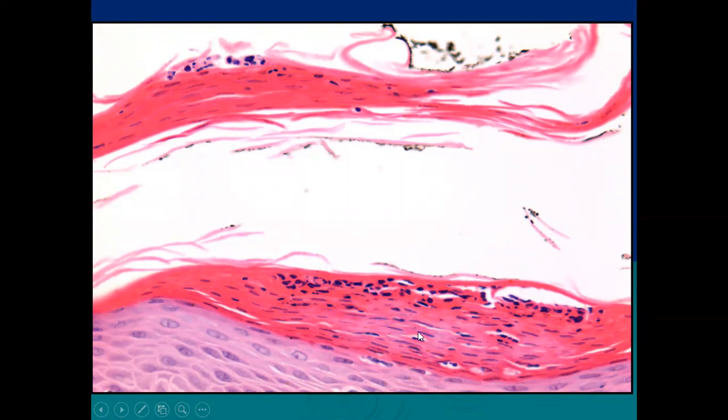Here you can see parakeratosis and the Munro's abscesses in the parakeratotic column. Munro's abscesses are a feature of psoriasis, and these are actually the neutrophils which are present in the stratum corneum. So if the Munro abscesses are associated with parakeratosis, then it is typically psoriasis.